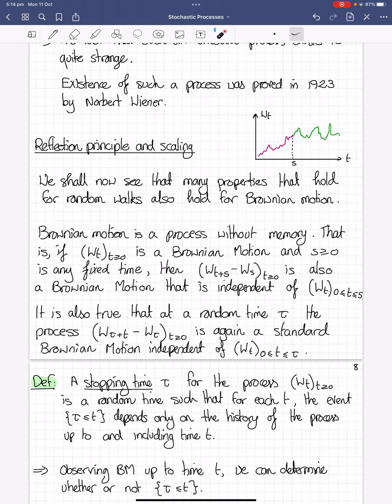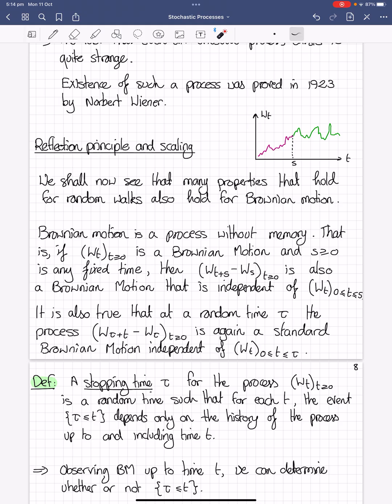That is, if you consider the Brownian motion at some time t and another fixed time s, then the increment of the Brownian motion past the point s is going to be independent of the Brownian motion path up to time s. So the part of the path after s is completely independent of the part before.